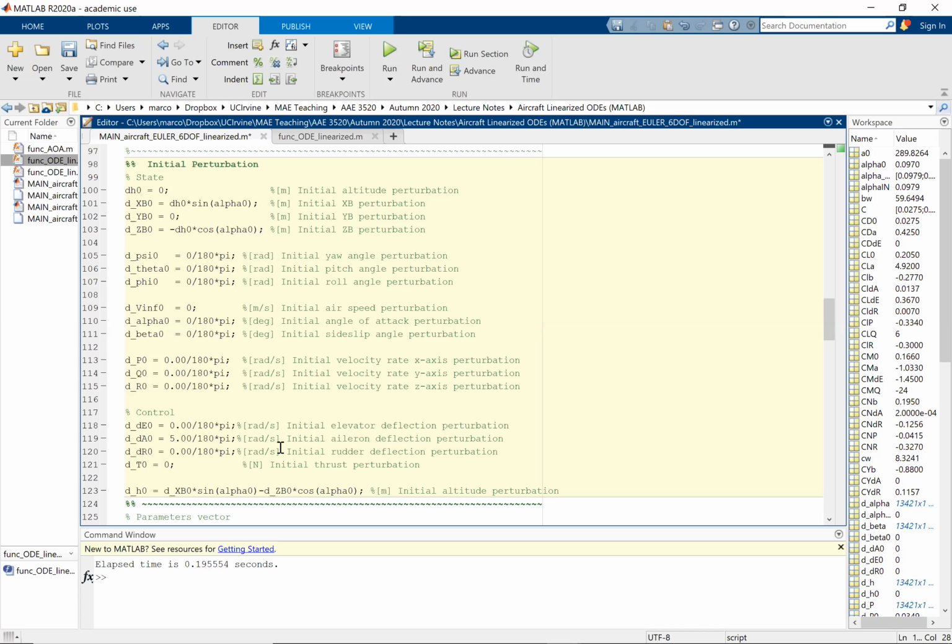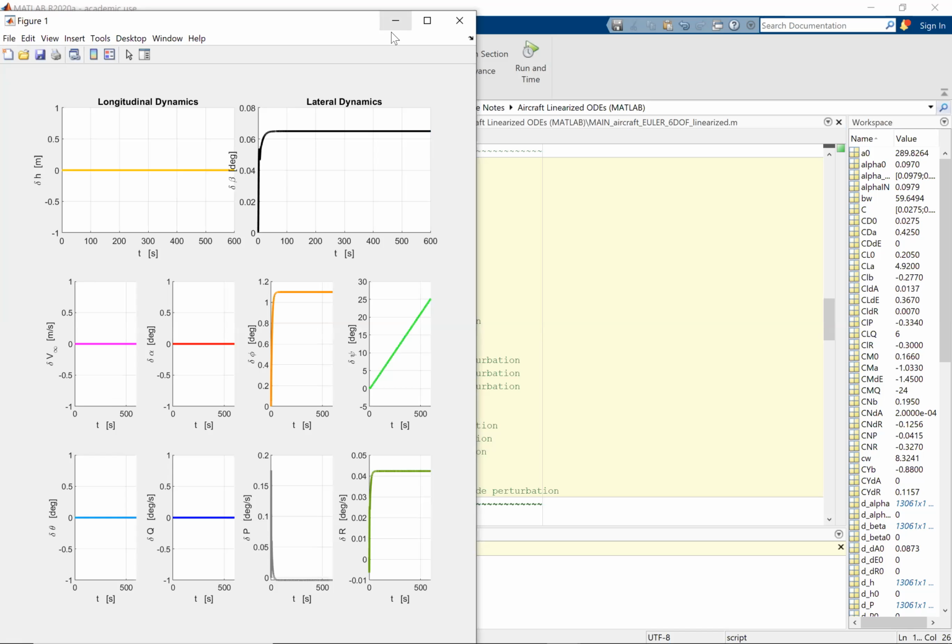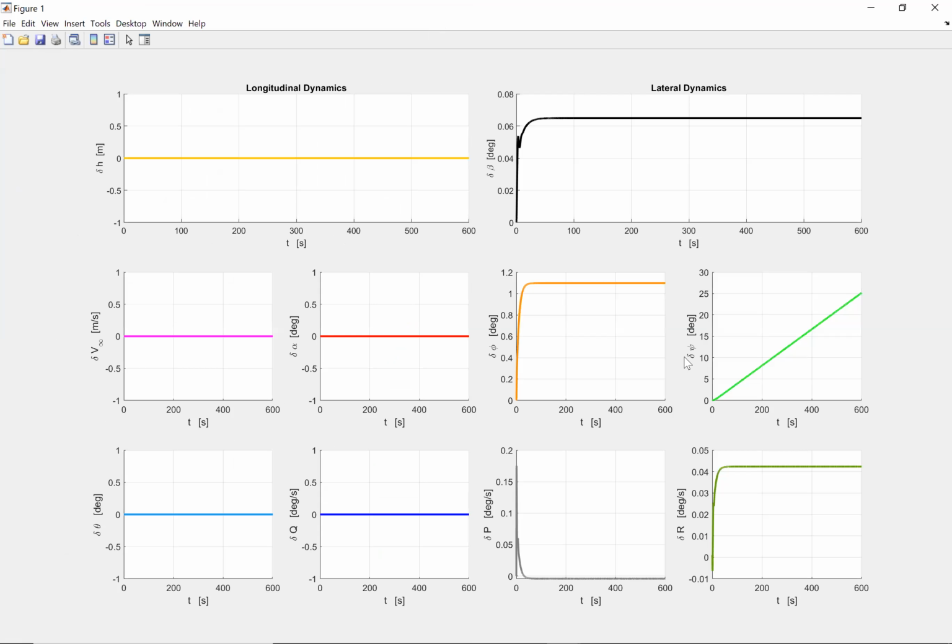Sorry, radians per second. Okay. So let's see what happens. All right, so once again, only the lateral dynamics have been affected.